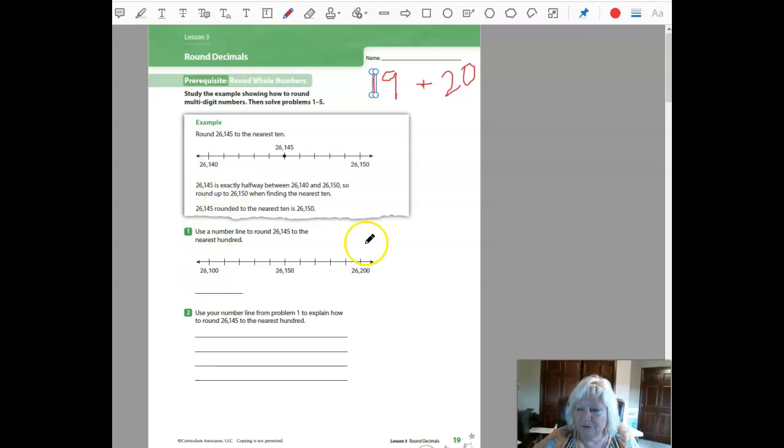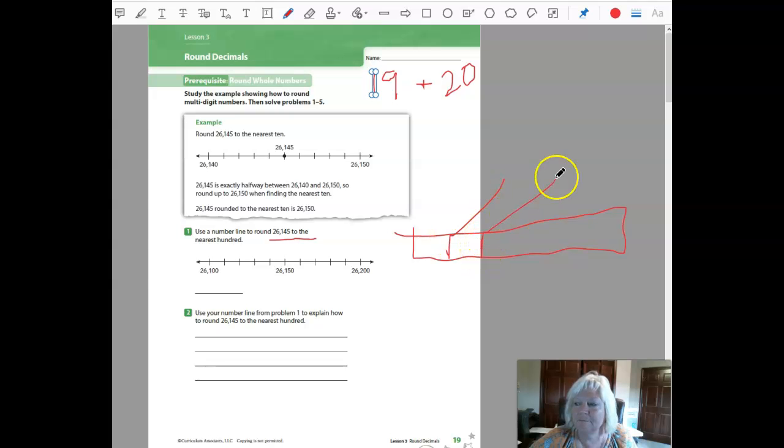And right here, it gives you some numbers. Use a number line to round 26,145. And that place value chart is really important for us to know, because I know where my ones, my tens, my hundreds, my thousands are.